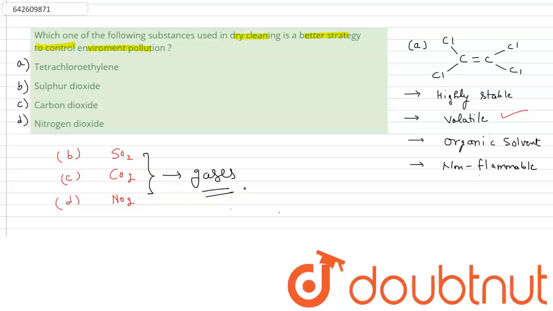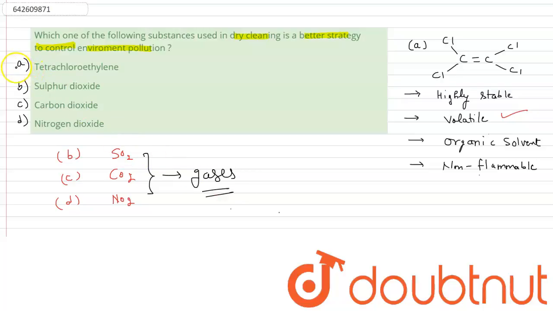So they cannot be used for dry cleaning, and an excess concentration of these gases produces environmental pollution. So we are left only with the correct answer, that is option A.